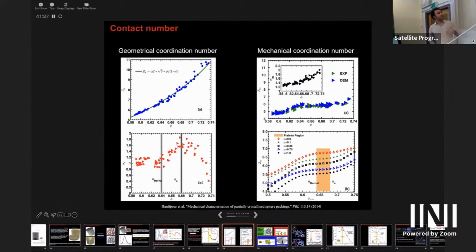Okay, so this is just a snapshot to show you how the contacts evolve during this crystallization process. What you have here is a large range of packing density, starting from the minimum disordered packing you can get all the way to a fully ordered packing. The blue here is our experimental packing, and the green is the theoretical prediction by Hernan Makse and colleagues. The geometric packing does increase quite monotonically as expected.